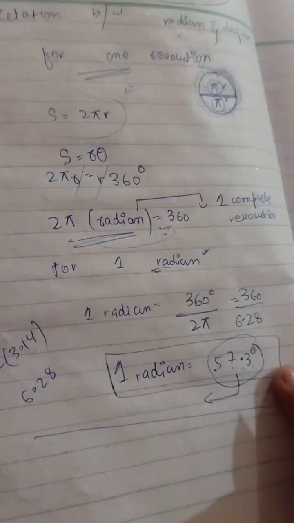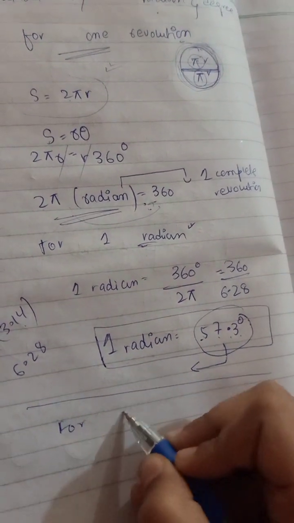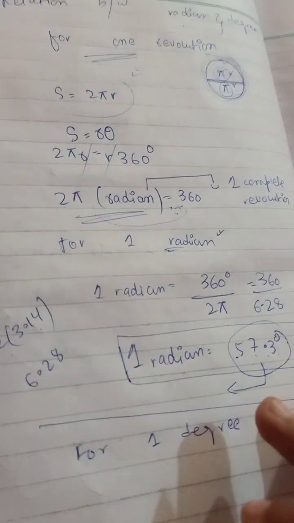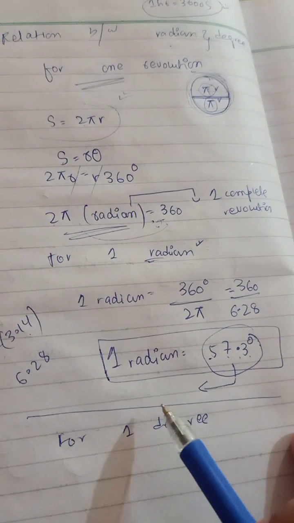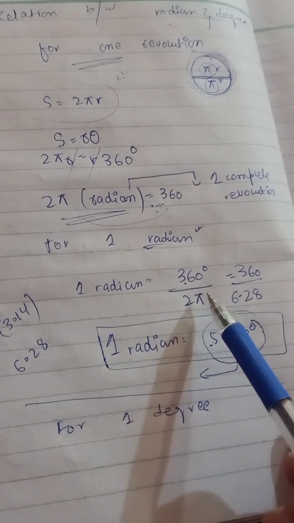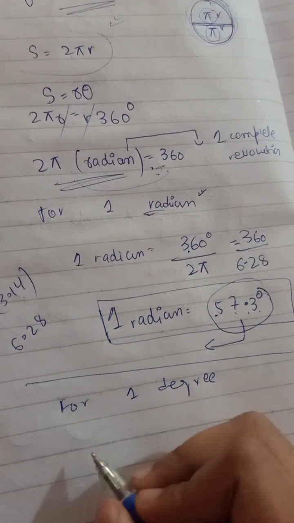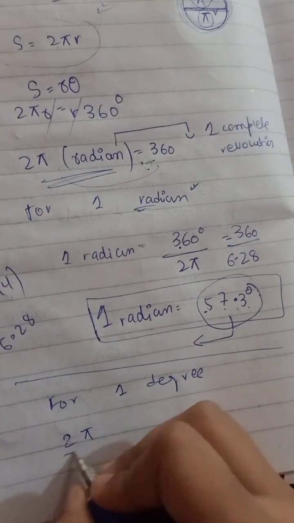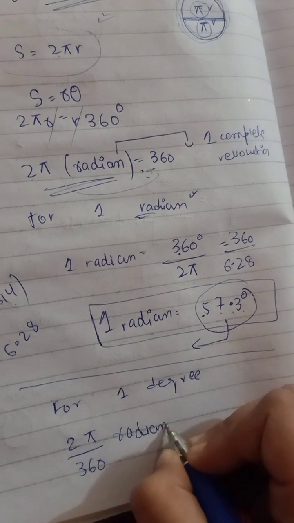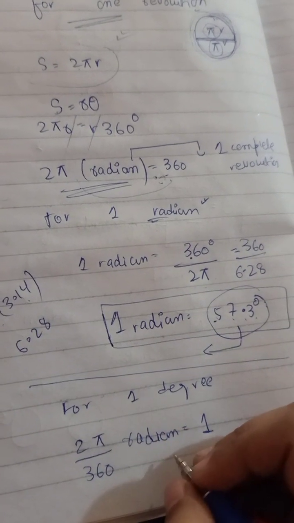Now we have to find how much 1 degree is equal to. Here we have 360 divided by 2 pi, so 2 pi will be divided by 360. So 2 pi radian is equal to 360 degrees.